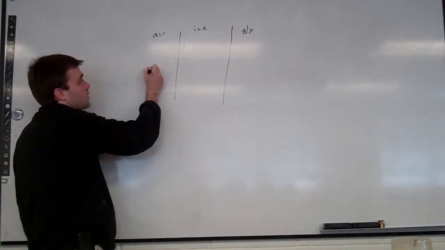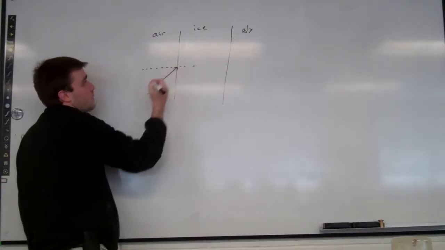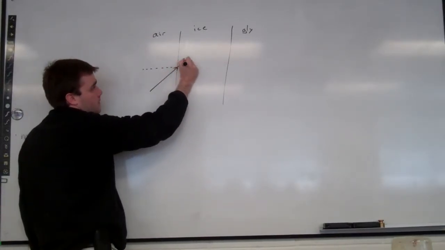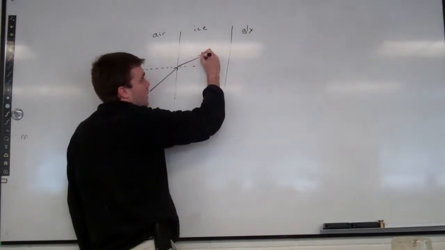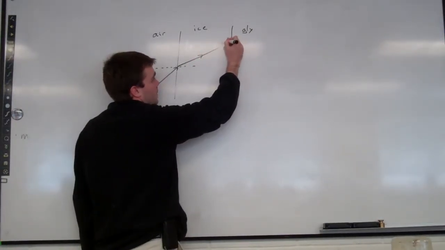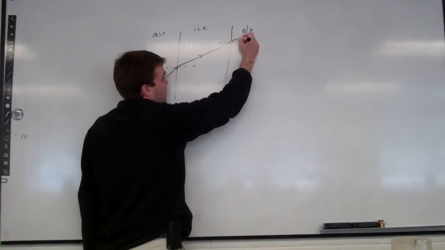It goes into the ice, refracts, and keeps going at that same angle till it gets to the glycerin and refracts again. So that's the angle we're looking for.